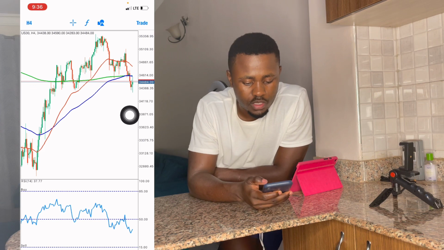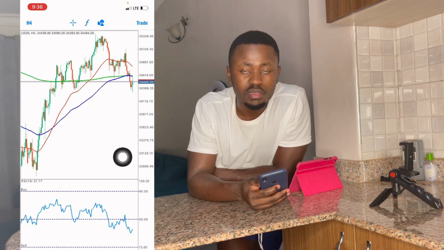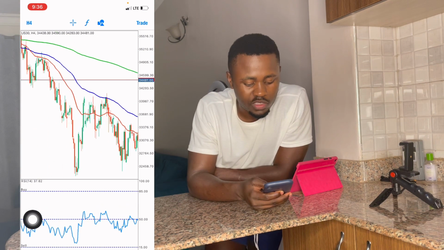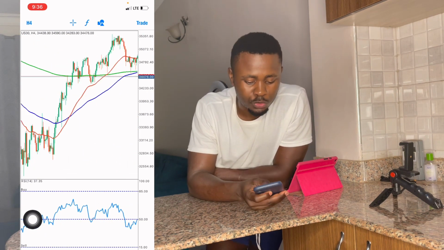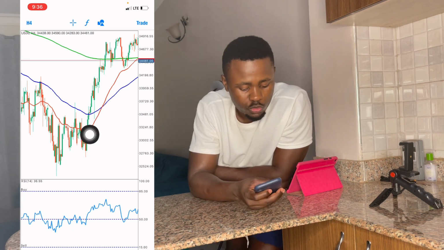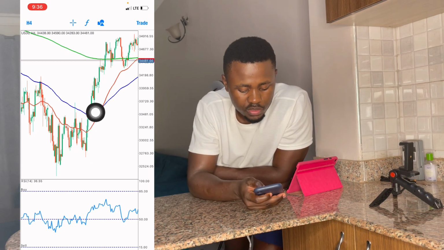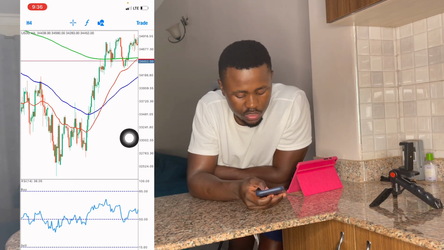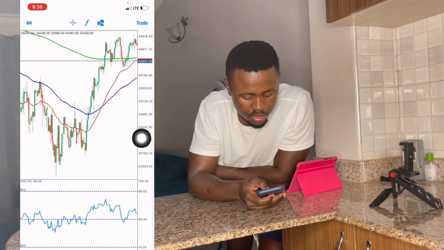So as you can see, on the upper side we have the moving averages, and on the lower side we have the RSI. Most times what I like to do is take trades when price crosses over from one moving average to the other. So let's say right here I will take a trade.